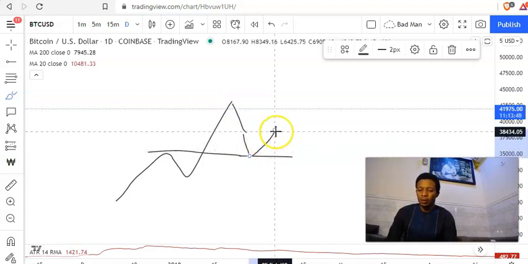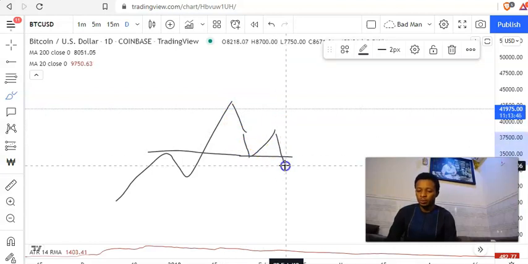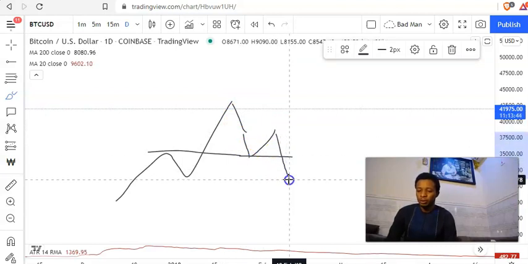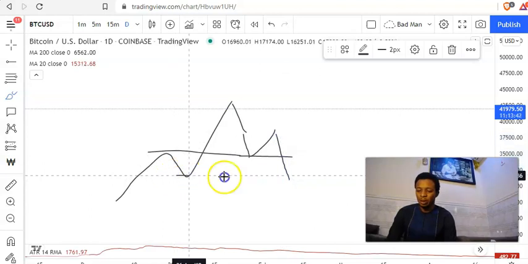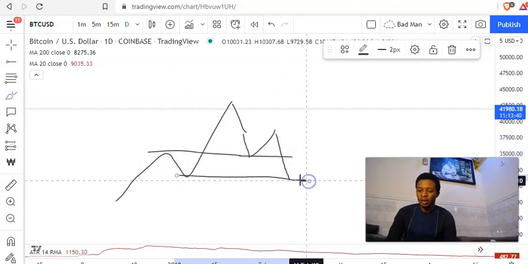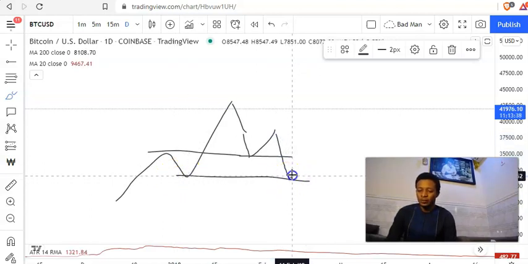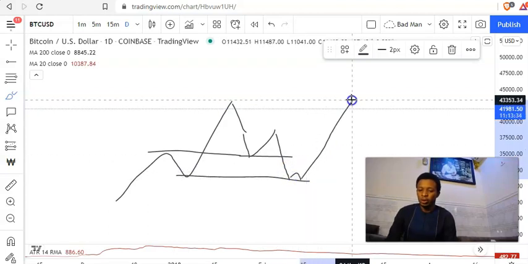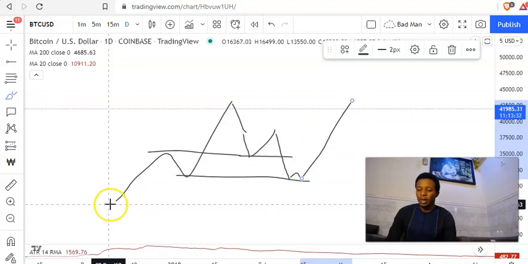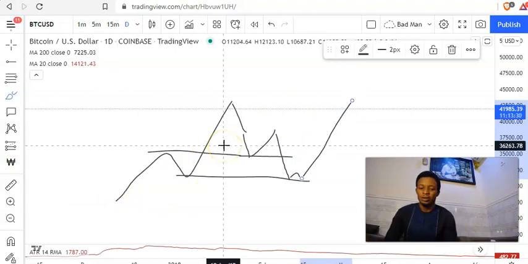So now we see some kind of further pull to this zone here, but we don't want to see it break below this level. At this point, we want to see the market find some kind of support and continue to the upside. And from here, we can start looking for targets and how to set stop loss.